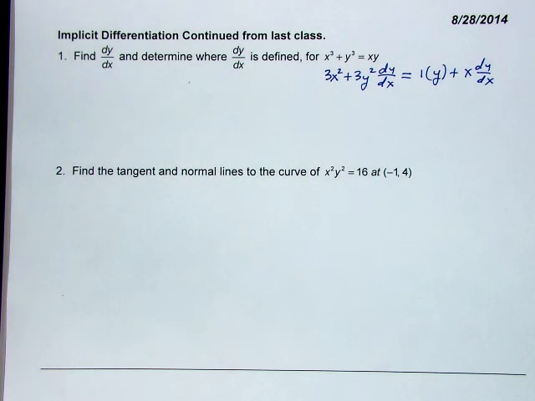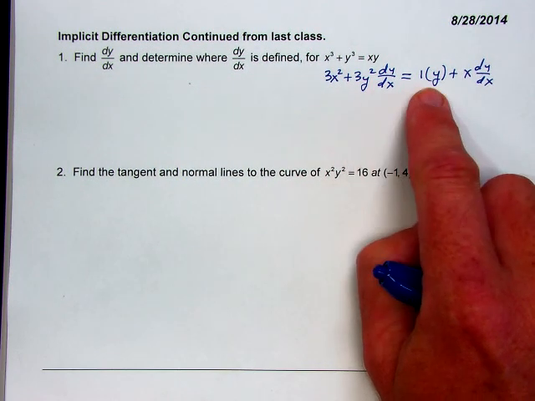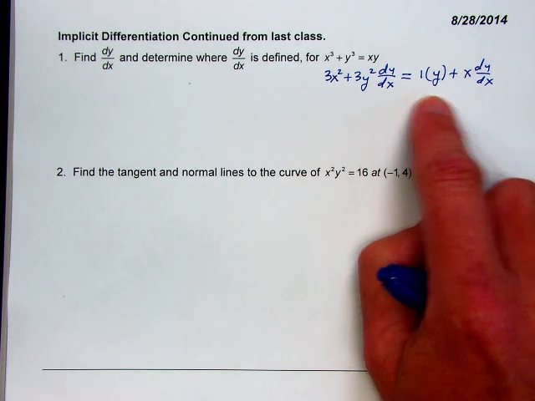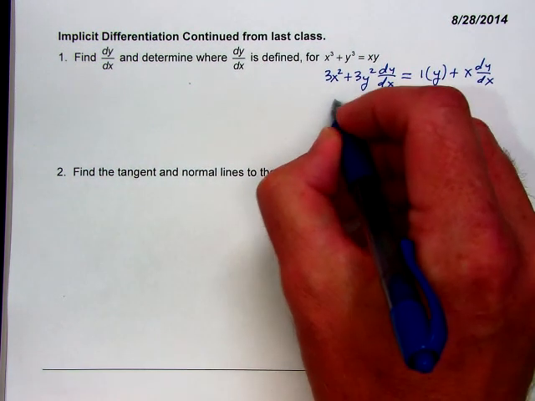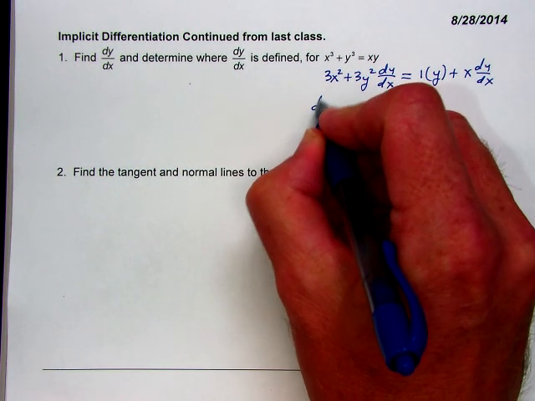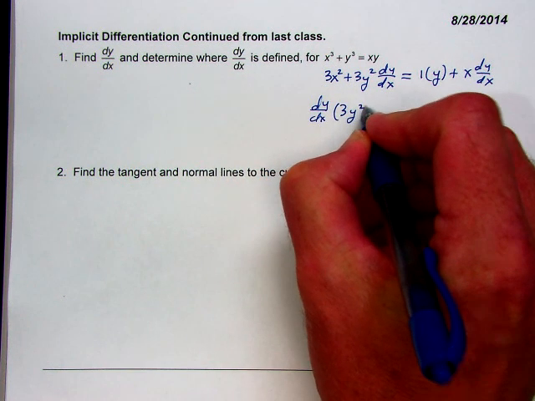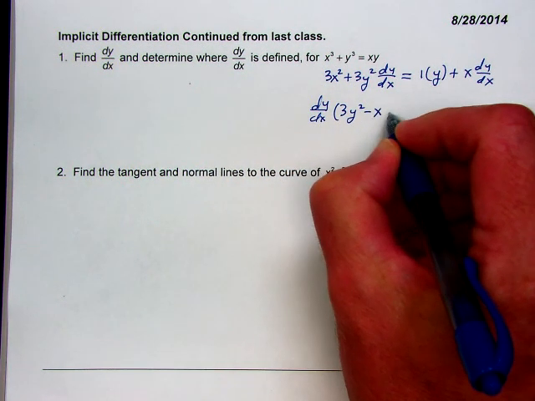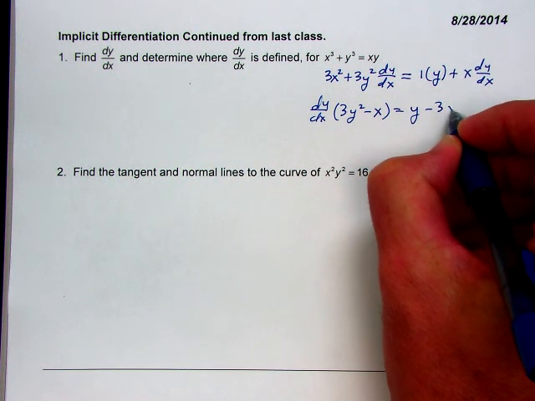I'm going to collect all my dy/dx terms on the left and bring all my non-dy/dx terms to the right. So I'm going to bring this over and factor out the dy/dx at the same time. So I get dy/dx times (3y squared minus x) is equal to y minus 3x squared.